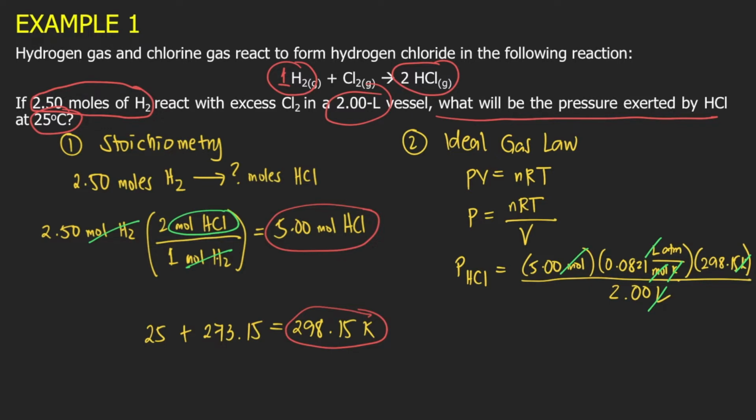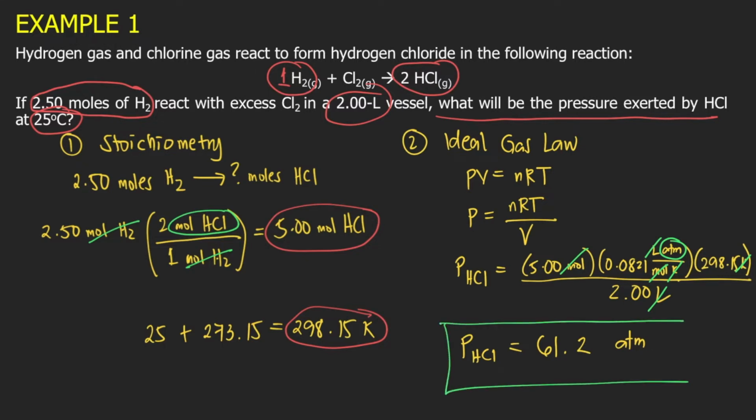So we are left with the unit atm, which is the unit for pressure. Now grab your calculator and let's solve for the pressure. 5 times 0.0821 times 298.15 divided by 2. The pressure is approximately 61.2 atm. And this is the answer to example 1.